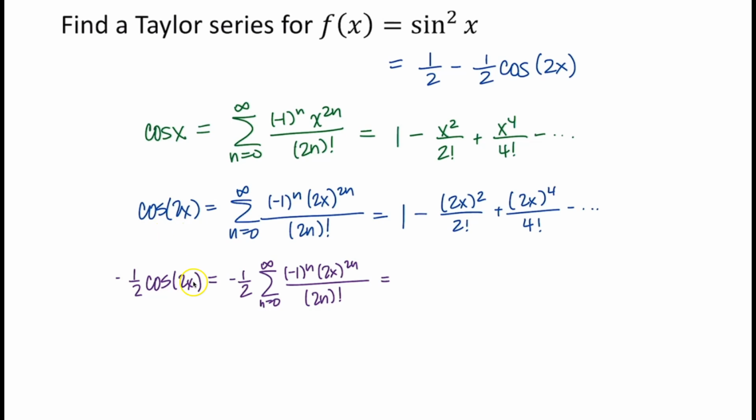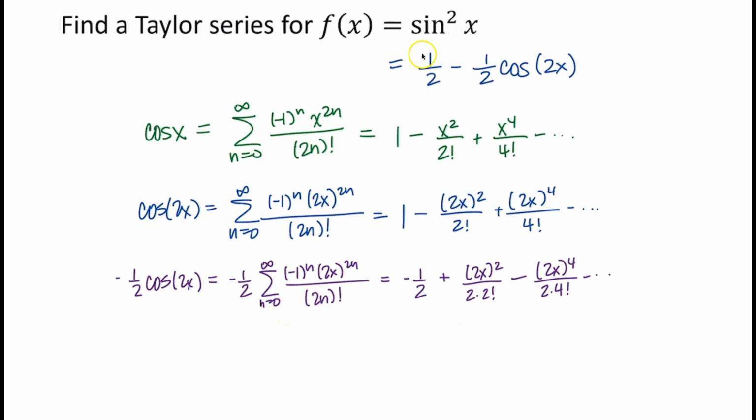And then this -1/2, excuse me, would distribute to all of these terms here. So we'd end up having -1/2 and then plus 2x squared over 2 times 2 factorial, and then minus 2x to the 4th over 2 times 4 factorial, and so on. So distributing the -1/2 into each term here.